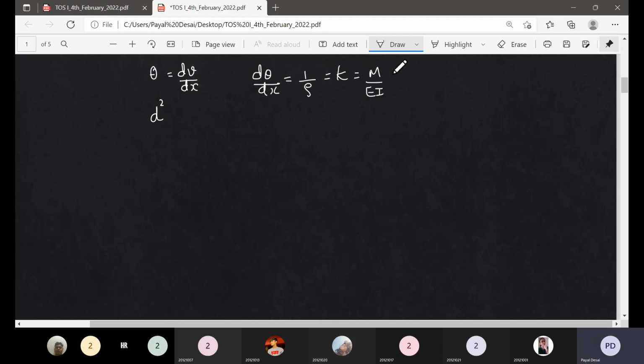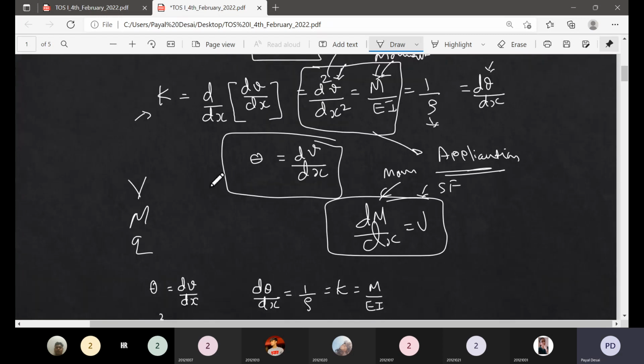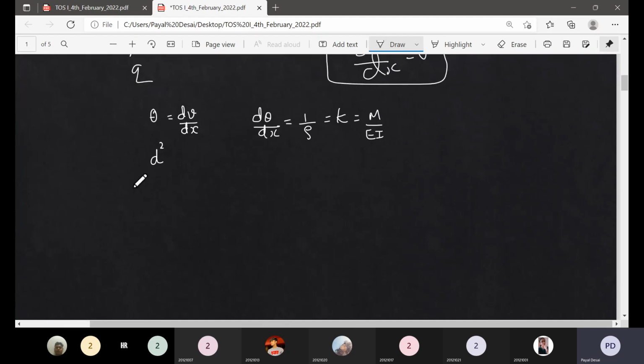So curvature and the moment: the derivative of theta is your curvature, and slope is the derivative of deflection with respect to x. You may again switch back to this if you want to see. And then when you replace this theta here, you get d square v by dx square is equal to minus M over EI. So I told you this is moment, this is deflection.